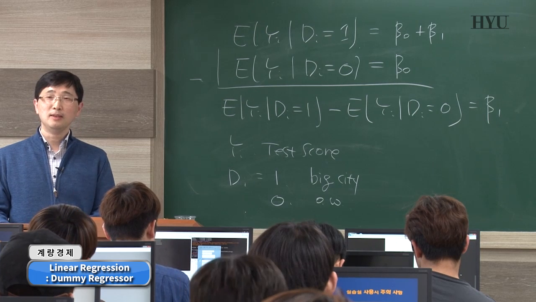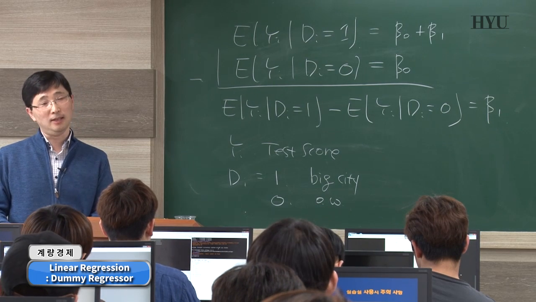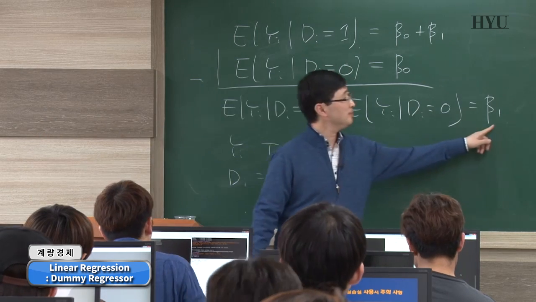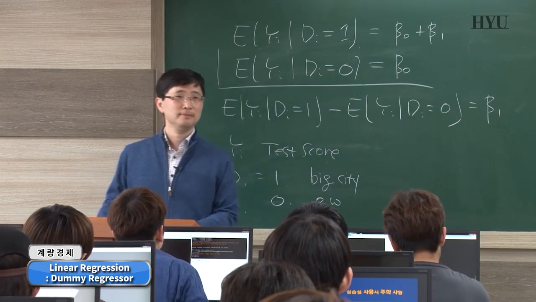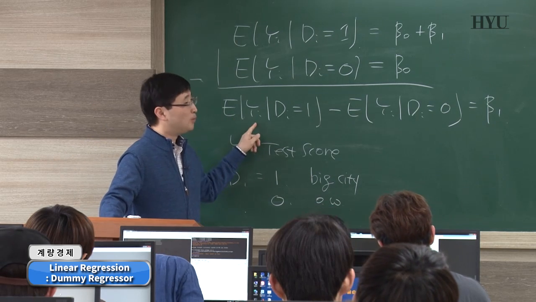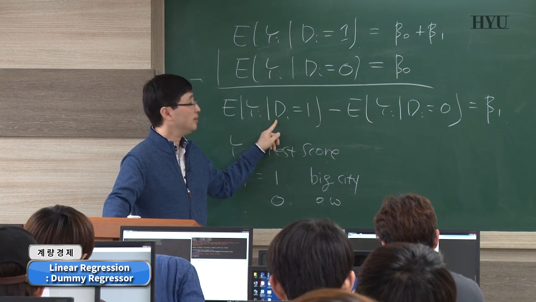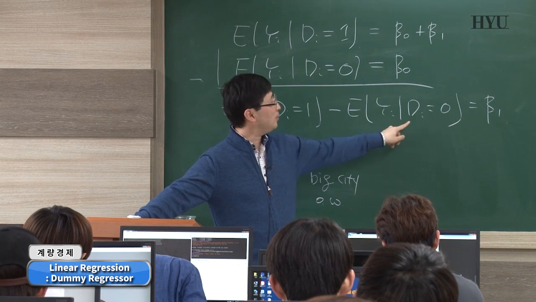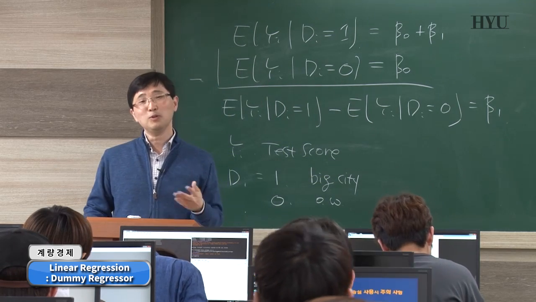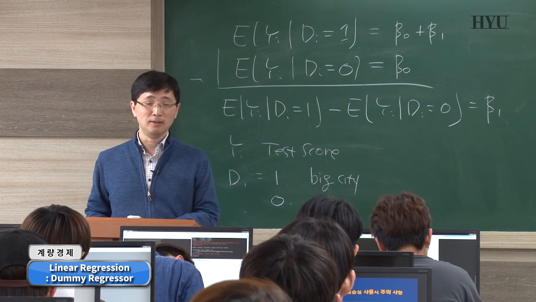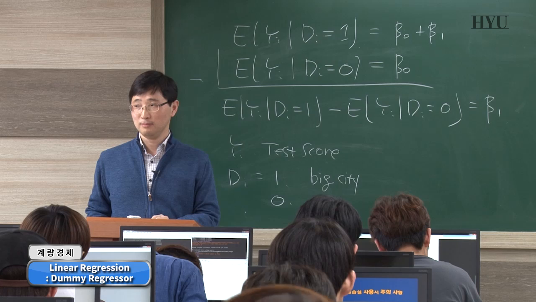So we are talking about the effects of being in a big city. What's the meaning of beta 1? That's the average test scores in a big city minus average test scores in a place that is not in a big city, some rural area, right? So that's the difference in two means, two average test scores.